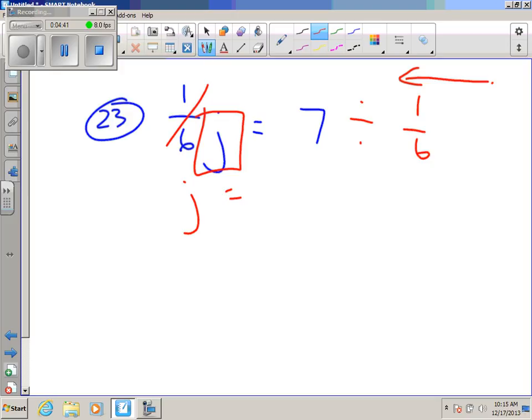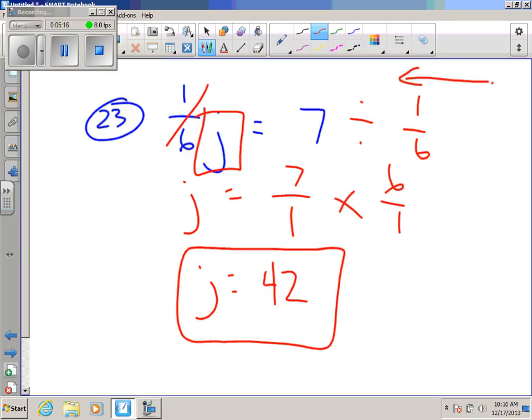Because we always call it the second one, but you always flip by what you're dividing by. We had just said the opposite of multiplying by 1/6 was to divide by 1/6, not divide by 7. Therefore, this is the one that will flip. 7 over 1 then times 6 over 1. J would equal 42.